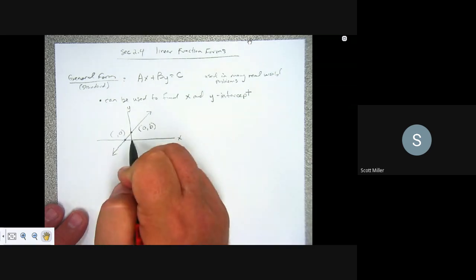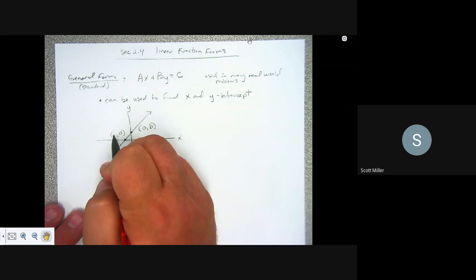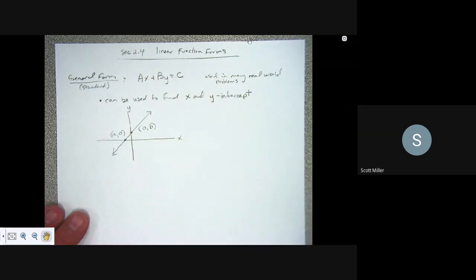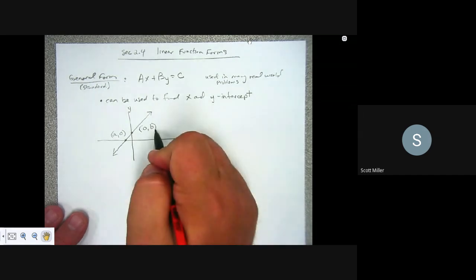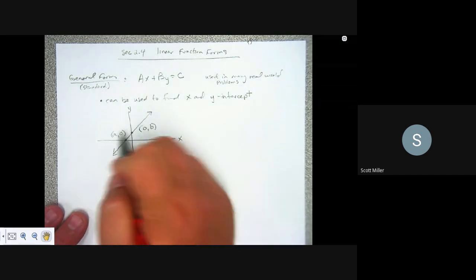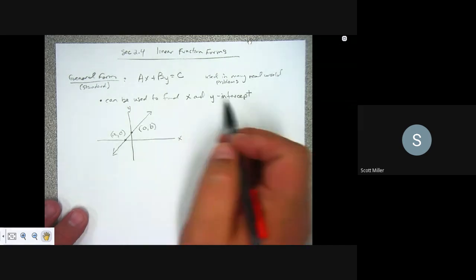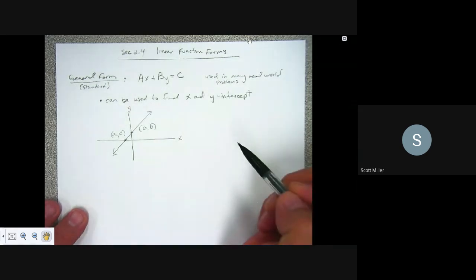They usually use the letter a to represent the x-coordinate for that point. So these are the letters they usually use to represent them, and you'll see those letters pop up quite frequently in other areas we're going to be talking about. So those are what x and y-intercepts are in a graph.